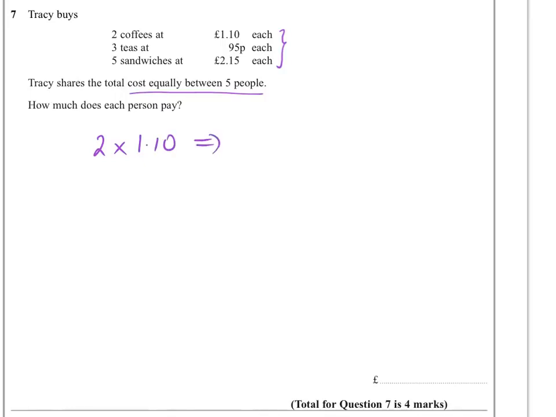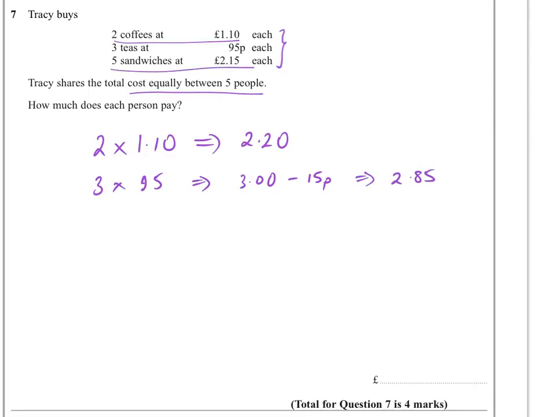So we'll have 2 lots of the coffees at £1.10, so that'll be £2.20. 3 of the teas at 95, so that will be the same as £3 with 15p taken off, and that's going to be £2.85.